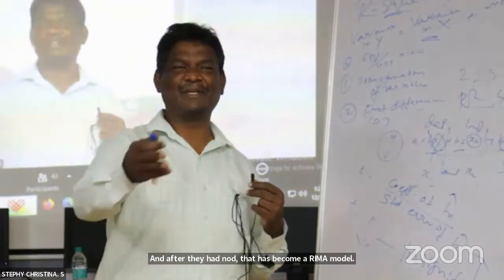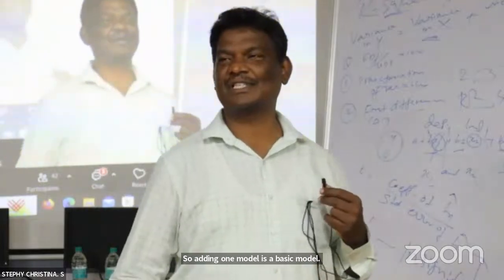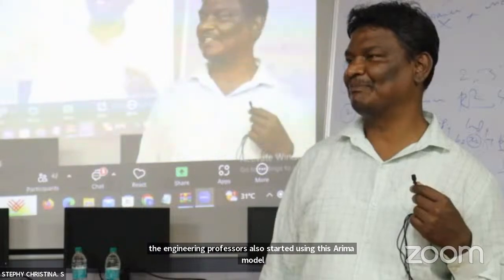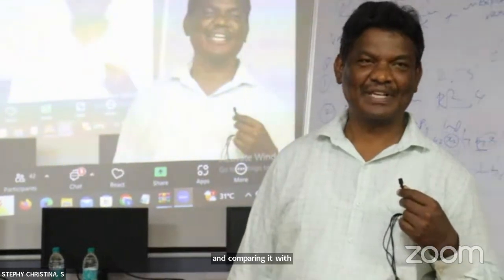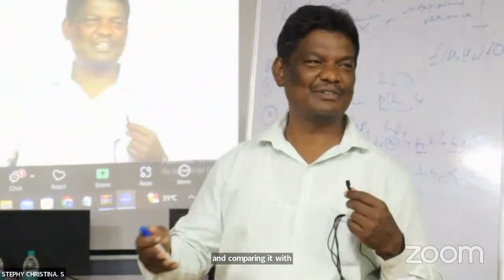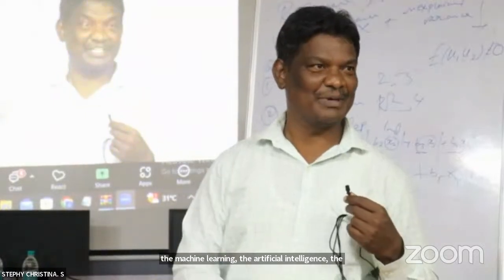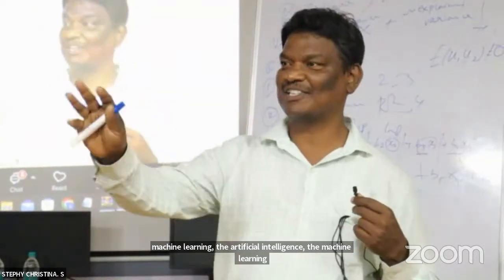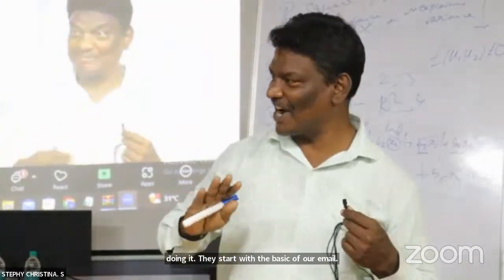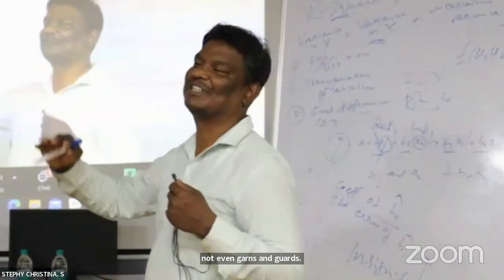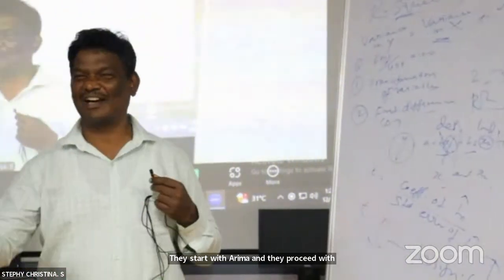Even engineering professors use ARIMA and compare it with machine learning and artificial intelligence. They start with the basic ARIMA, not even ARCH and GARCH, and then proceed with machine learning algorithms.